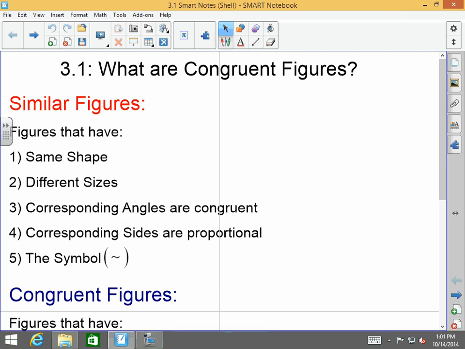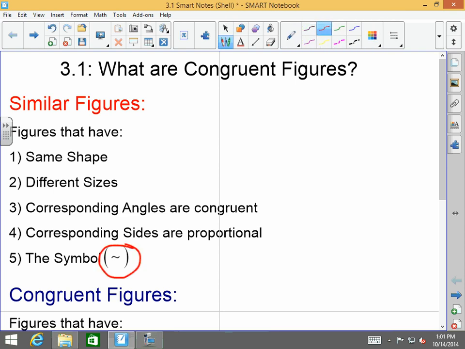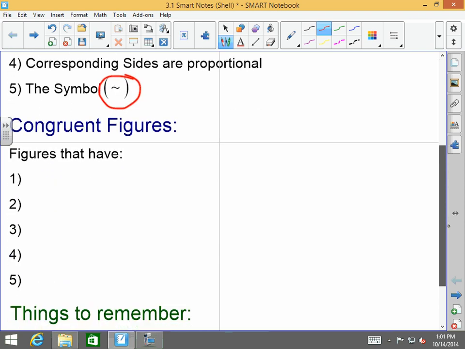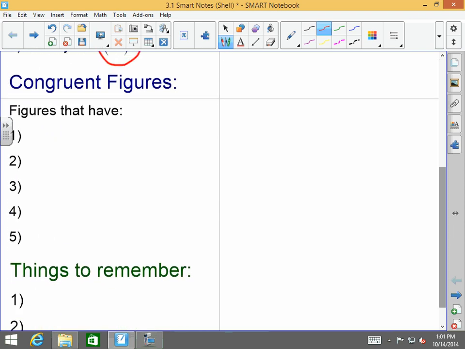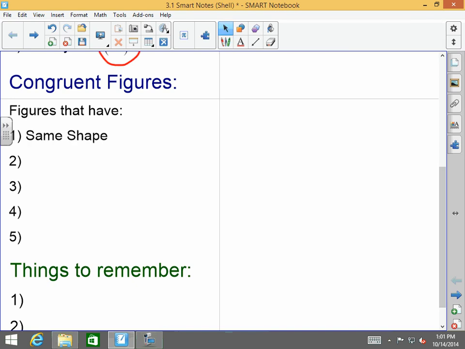And their symbol, as you can see here, is just a little squiggly line. That's similar, okay? Congruent, it's very close to similar, but extremely different. Congruent figures do have the same shape, but they also have the exact same size, hence they're congruent.